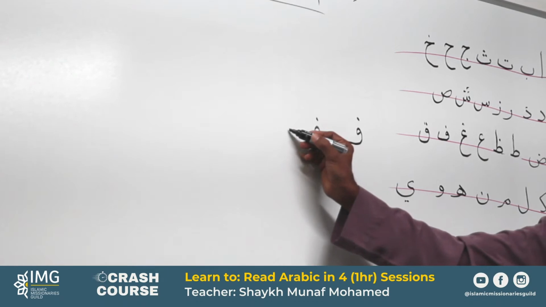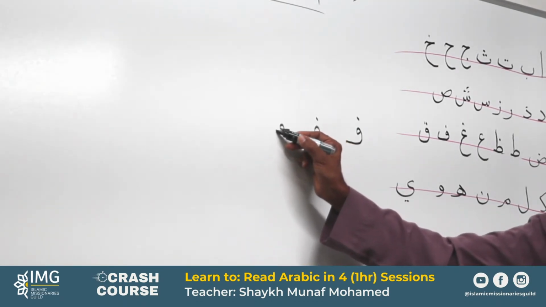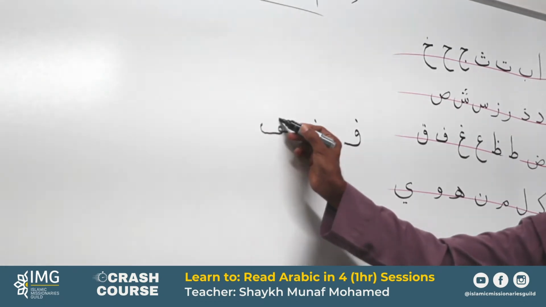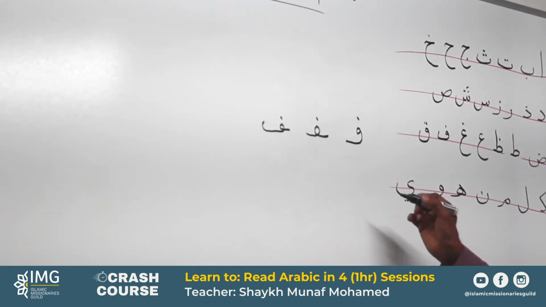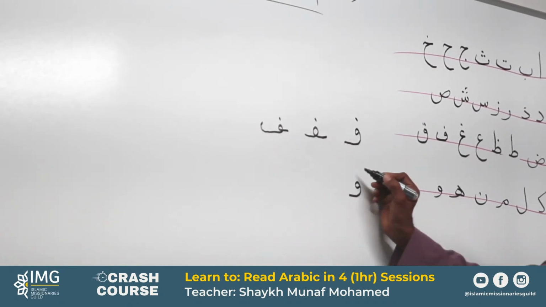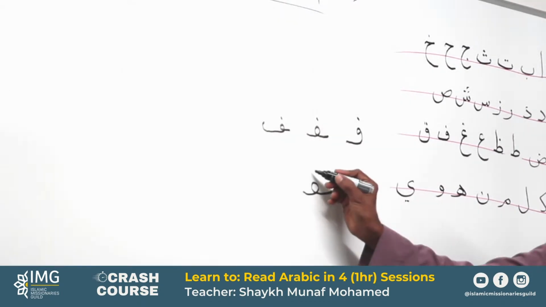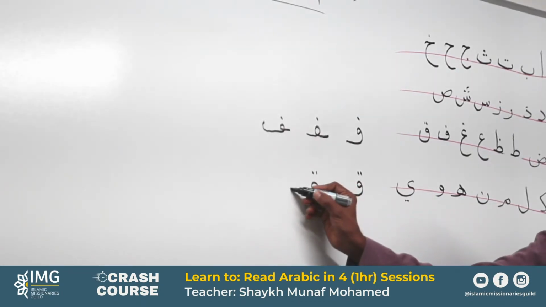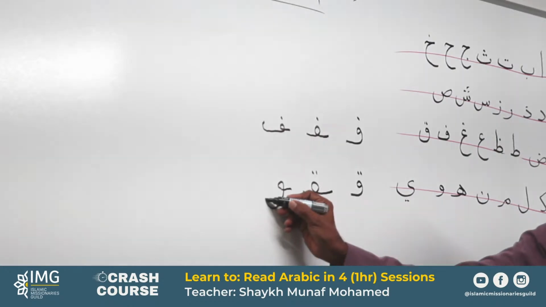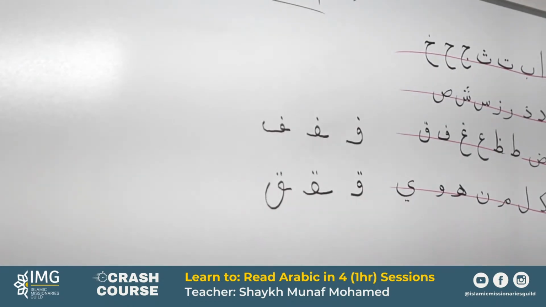And if it's in the end of a word, my attachment line, and I come like this, and I complete. And the same thing goes for the qaf. Same, qaf, 2 dots, in the middle of a word. The end of a word, I go back to my original shape. So that's how it is.